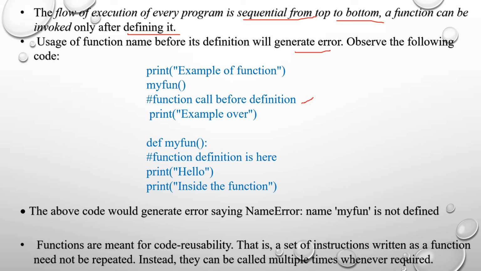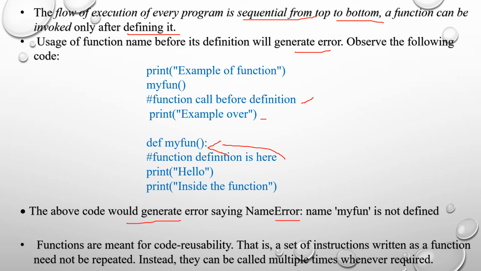So before definition we call the function, then print "example over". Here we define the function: def my fun, the function is defined here, with print "hello" and print "inside the function". The above code would generate the error saying NameError: name my fun is not defined.